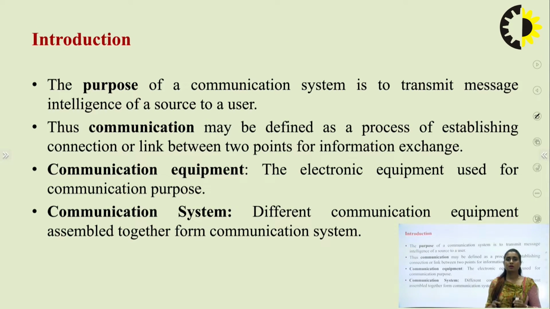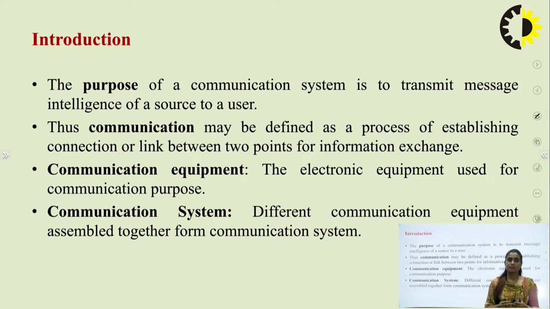So this was the prerequisite. We need to understand about signals and what are the frequencies that are used for communication. Now, what is communication? The communication can be defined as the actual exchange of information between a transmitter and receiver. So the purpose of a communication system is to transmit a message of intelligence from a source to a user.